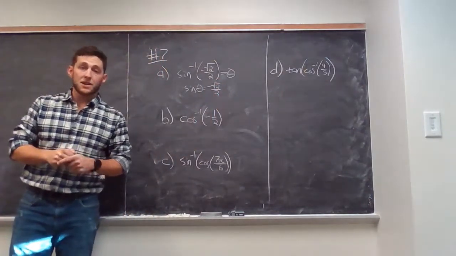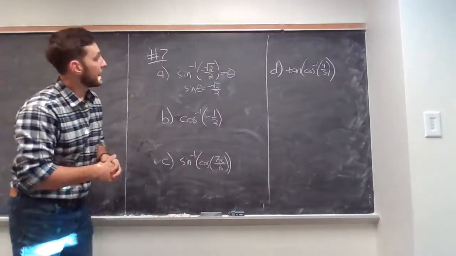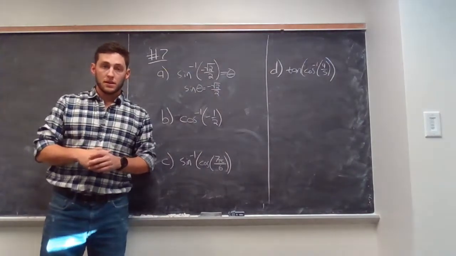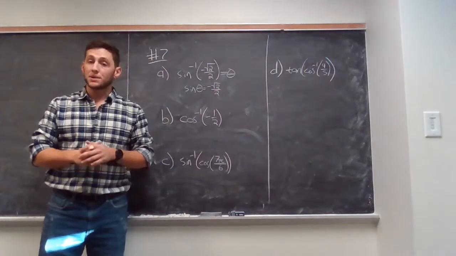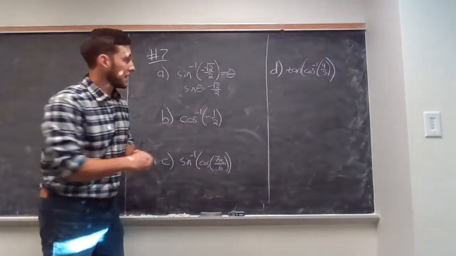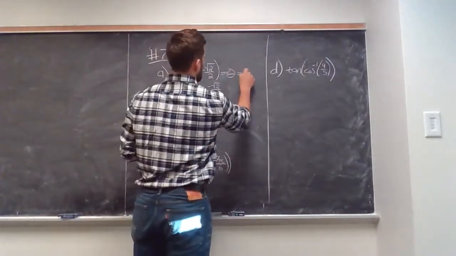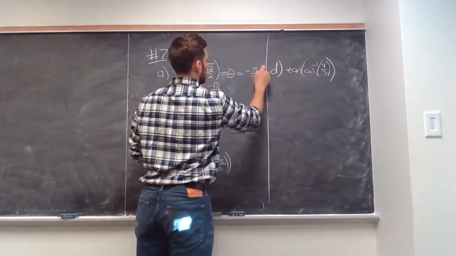Now you have to ask yourself, where is sine of theta equal to negative square root of 2 over 2? Well, if we think about it on the unit circle, that's either in quadrant 3 or quadrant 4 because sine is the y coordinate. So it turns out the angle that works is going to be negative pi over 4.